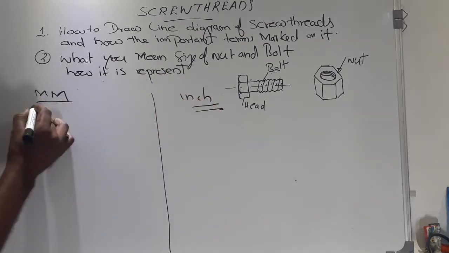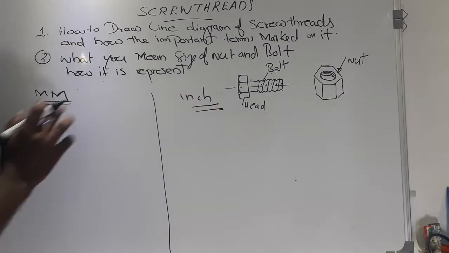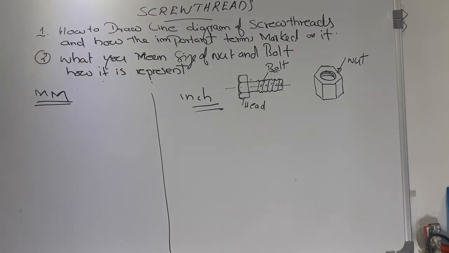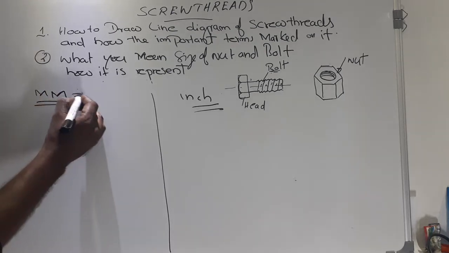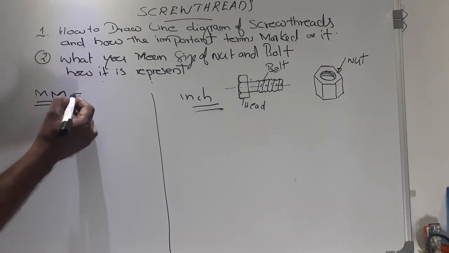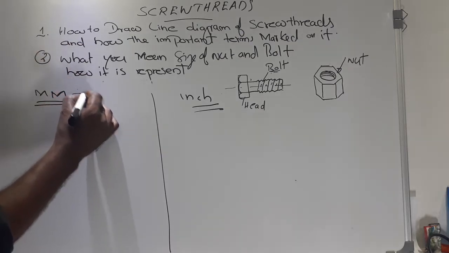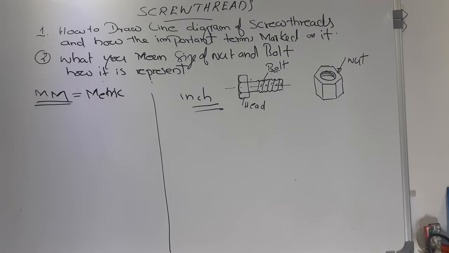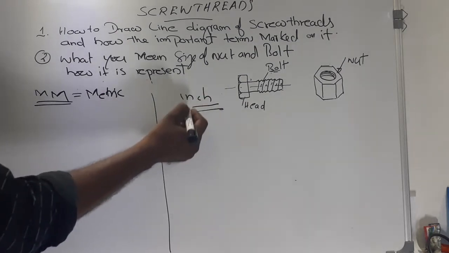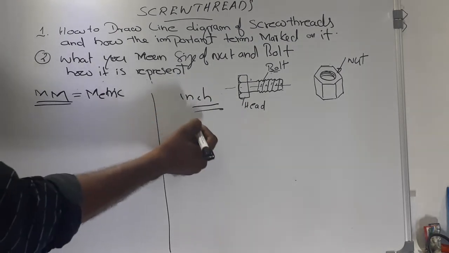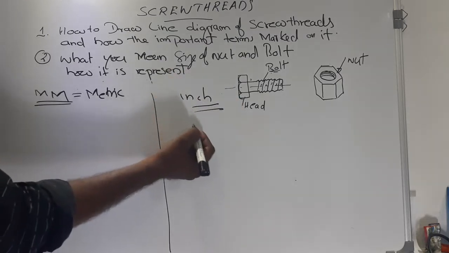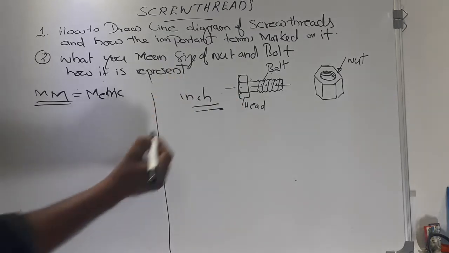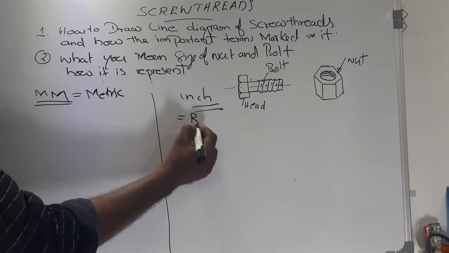While we are preparing screw threads, if all terms are kept in millimeter, we can definitely say that it is the metric system. If all the terms, dimensions and related things are kept in inch dimensions, then it is called the British system.